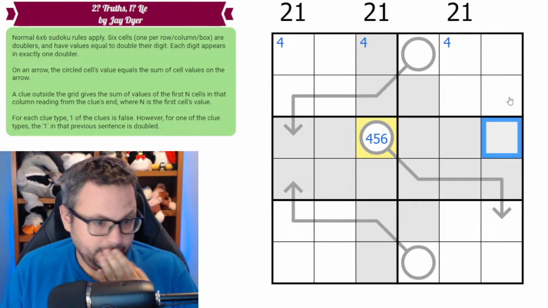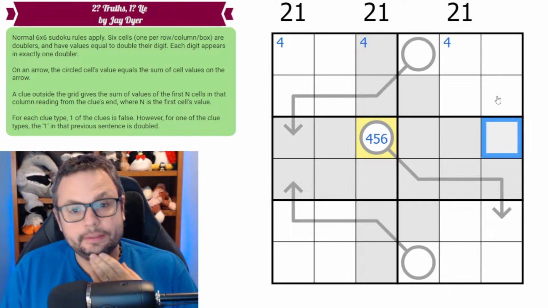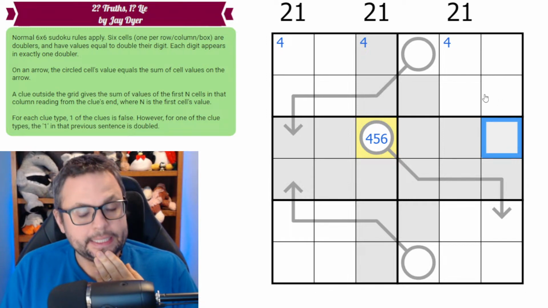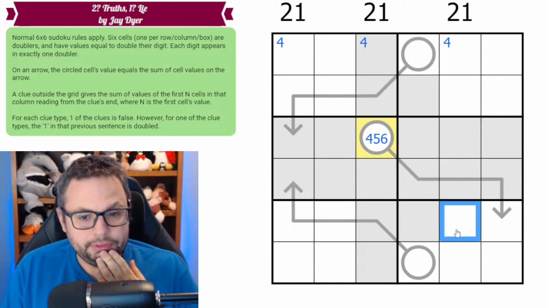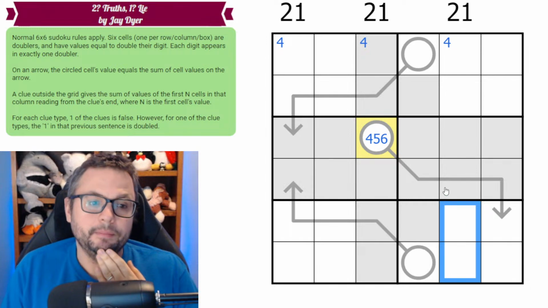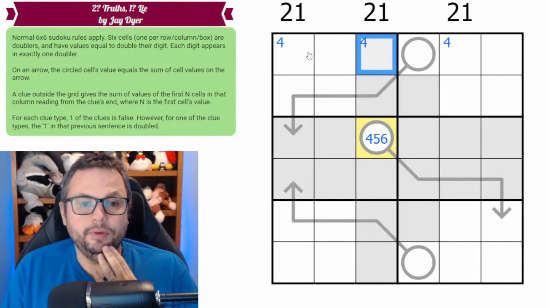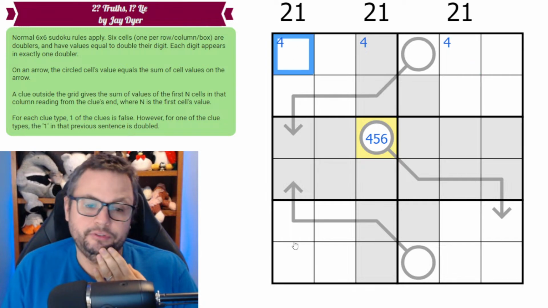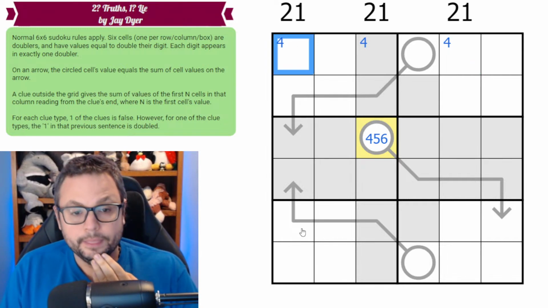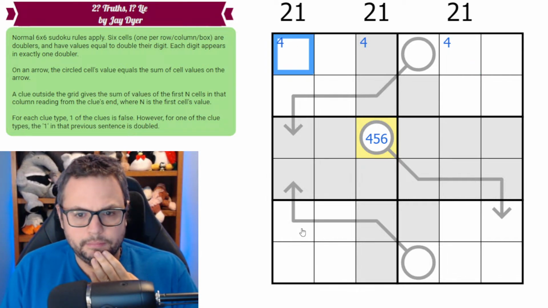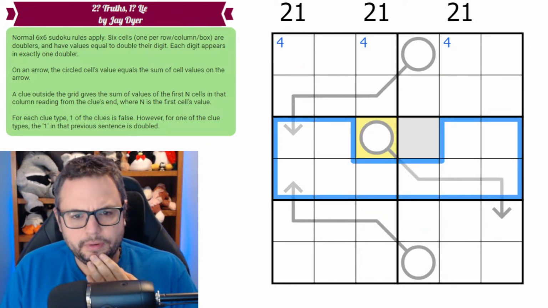So we have that. And so the 2 cells at the bottom of the column with the true 21 sum to the doubler. How did I not put a doubler? What on earth did I do?